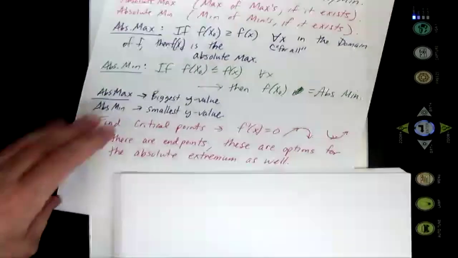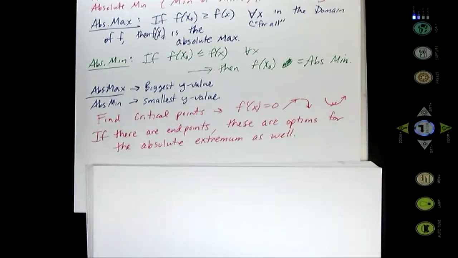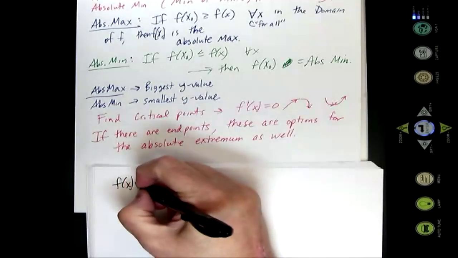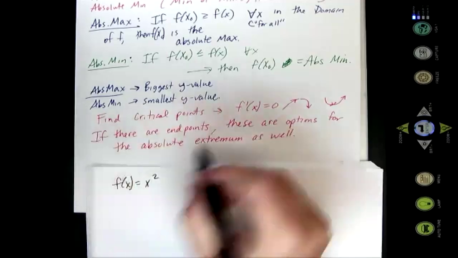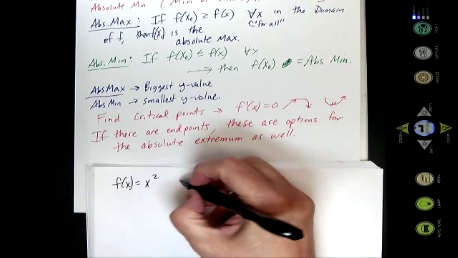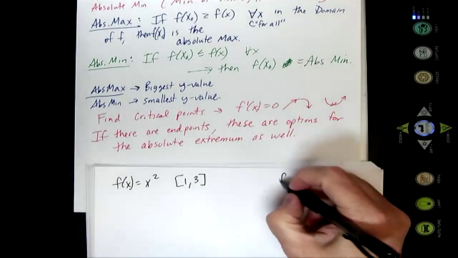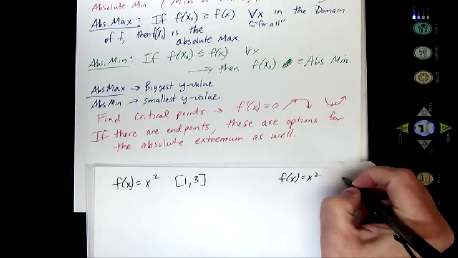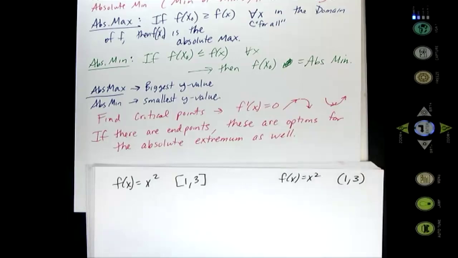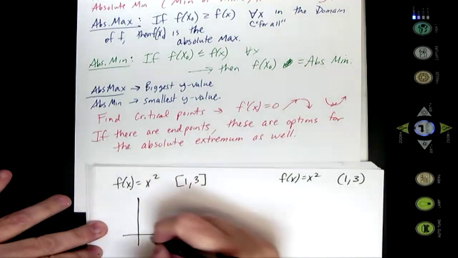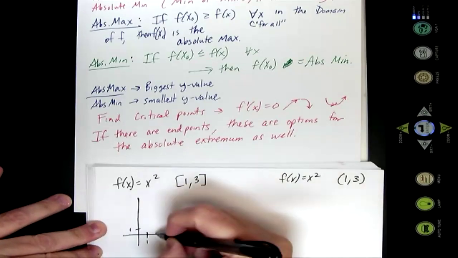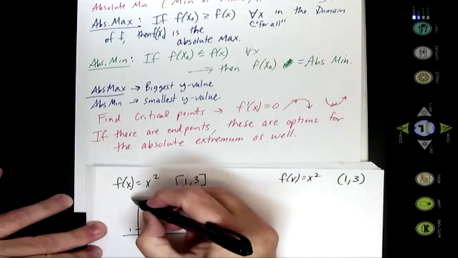Let's look at f of x equals x squared on two scenarios here. We're going to go on 1 to 3, and we're also going to look at f of x equals x squared on 1 to 3, but not including the endpoints. If you graph this, when x equals 1, y equals 1, and when x equals 3, y equals 9.